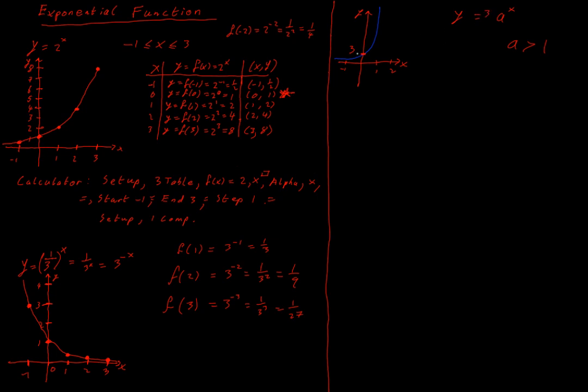Why does it tell me that? Because when x is 0, y is 3. So if I sub in x is 0, y is 3. We'll say there's some constant k multiplied by a to the power of 0. Well, a to the power of 0 is just 1, so I end up with 3 is equal to k. My constant must be 3.